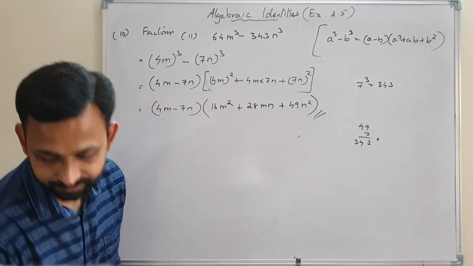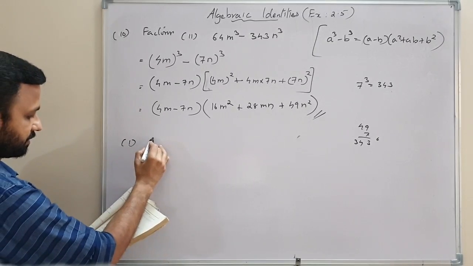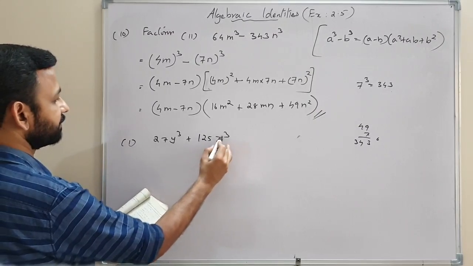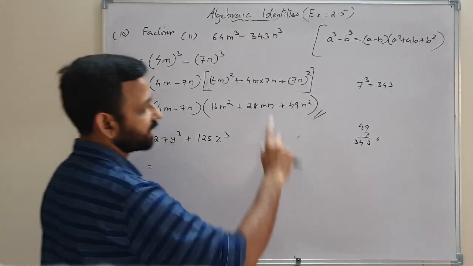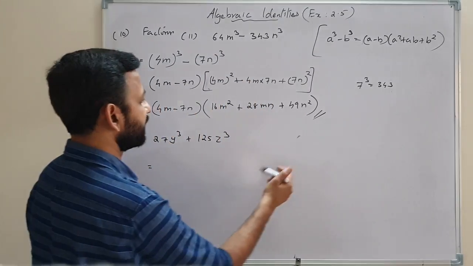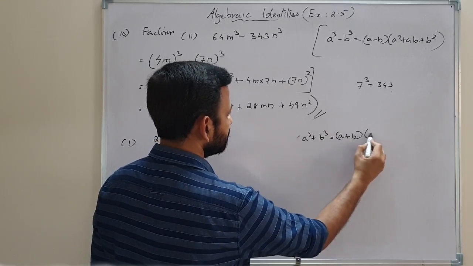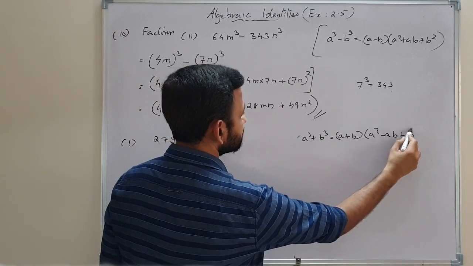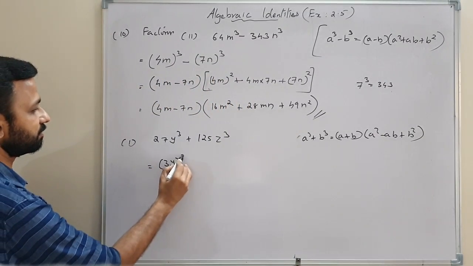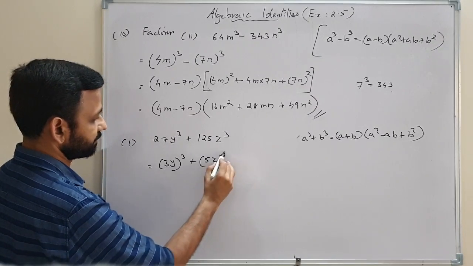Similarly, one more part is there. First part: 27y cube plus 125z cube. Same identity, but here the sign is different. We can use the a cube plus b cube identity. a cube plus b cube is equal to a plus b into a square minus ab plus b square. So 27y cube, that is 3y whole cube, plus 125z cube, that is 5z whole cube.